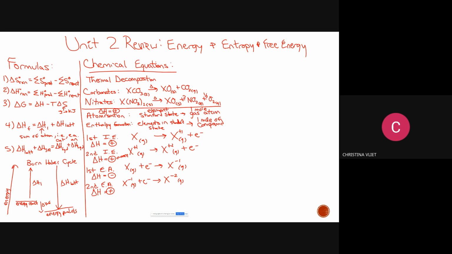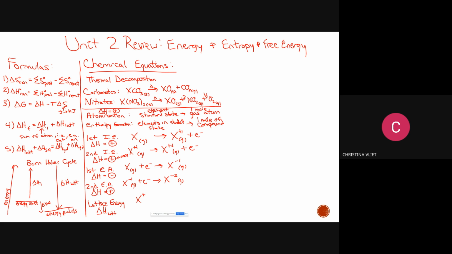All right, so that's ionization energies and electron affinities. The next one, lattice energy. What is the lattice energy equation, which we call delta H lat? That's X plus, whatever, plus 1, plus 2, plus 3.